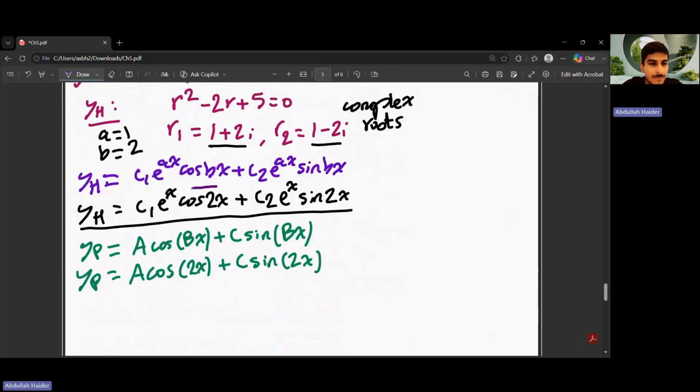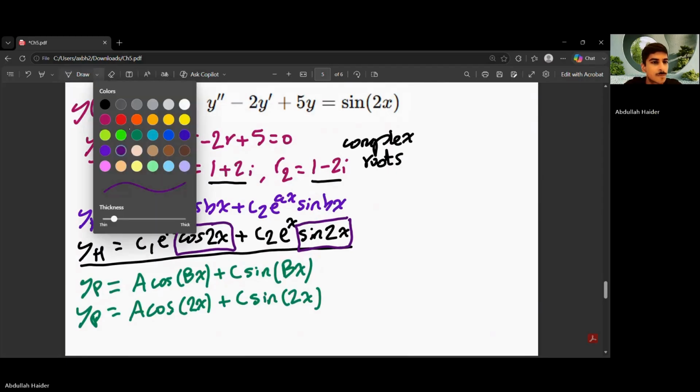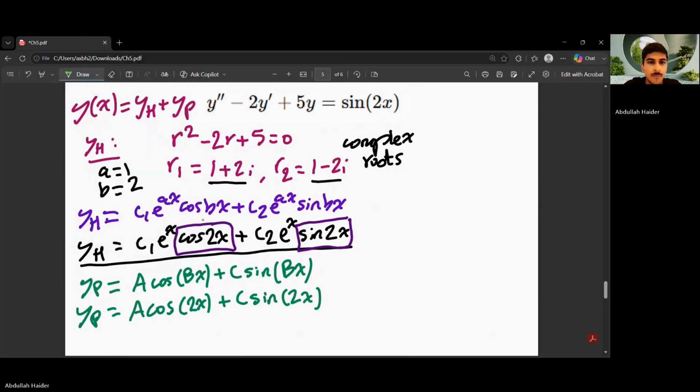You have both sine 2x in the homogeneous solution and sine 2x in f of x. So now you compare. You compare if there's something in common. Cosine 2x and sine 2x are not the same, but sine 2x over here is the same as sine 2x here.